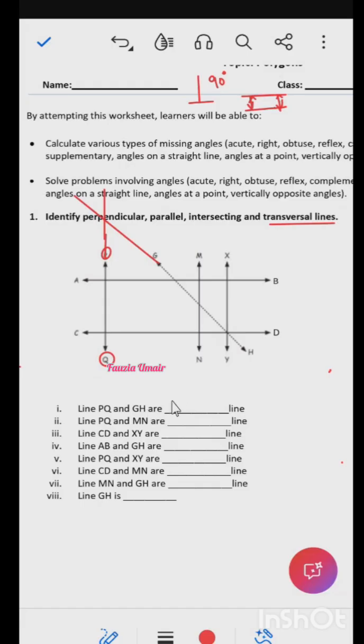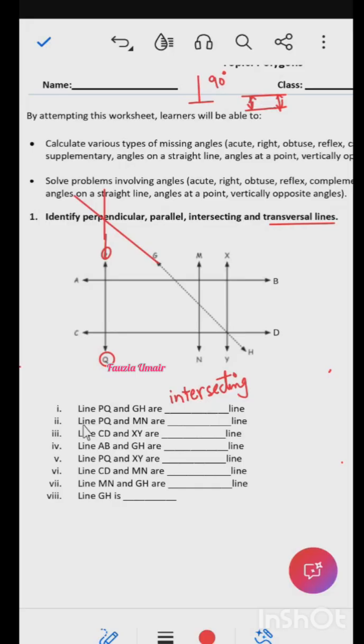So we will write down they are intersecting lines. It is very important to remember that if two lines in the same plane are not parallel or perpendicular, they will be intersecting. If two lines are not parallel nor perpendicular, what is the third option? The third option is that they are intersecting.